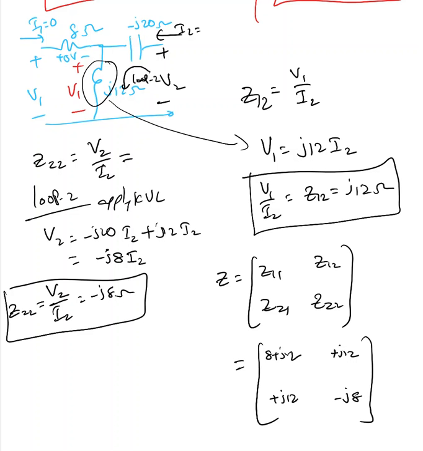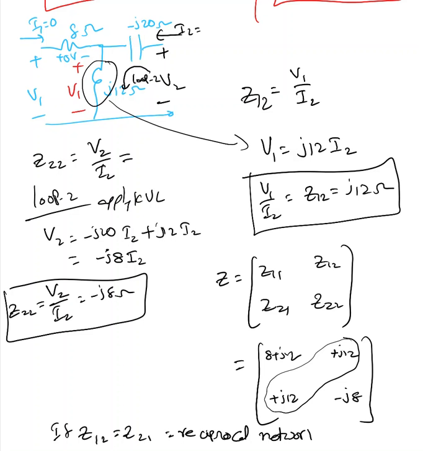As I mentioned, as long as Z12 and Z21 are equal, that's called a reciprocal network.